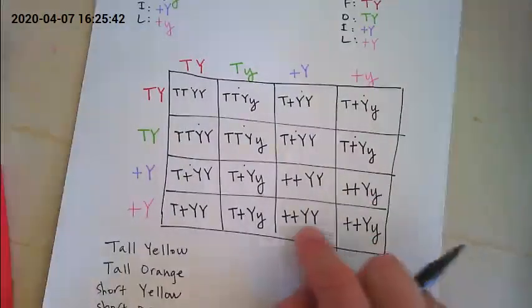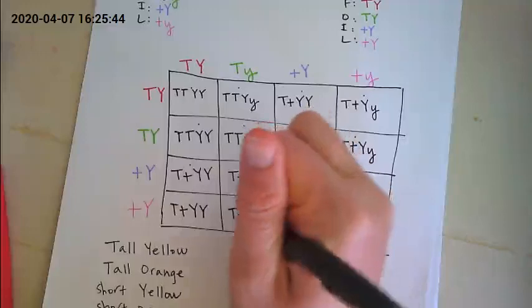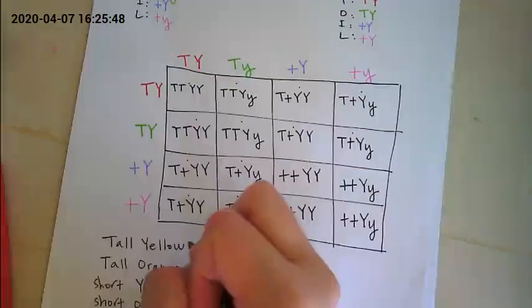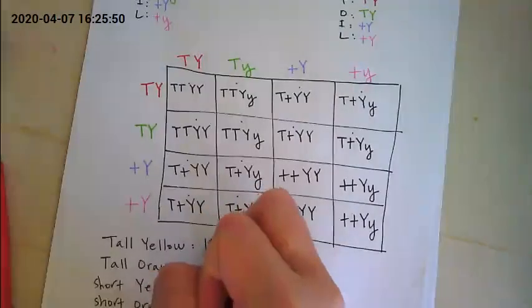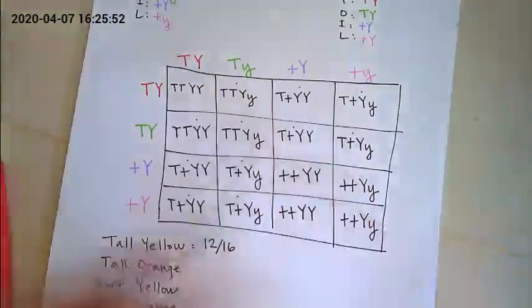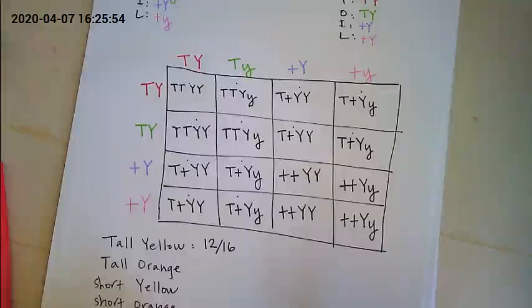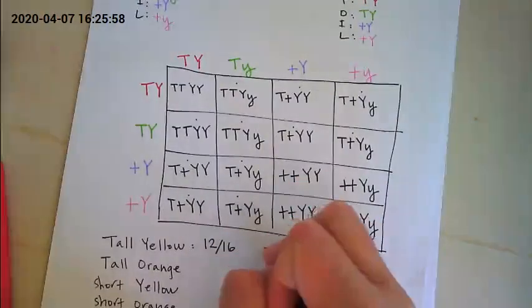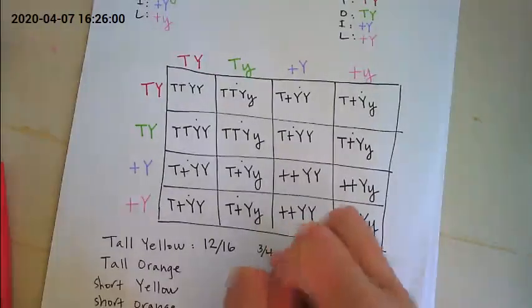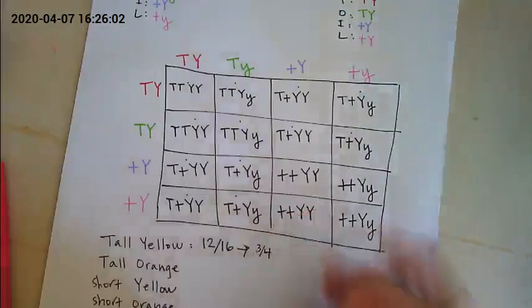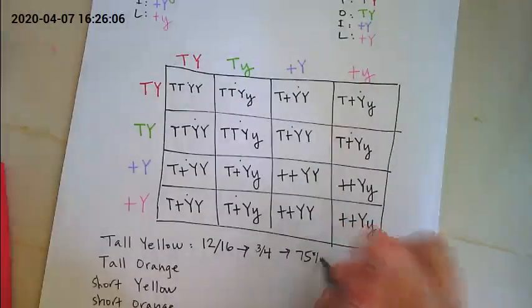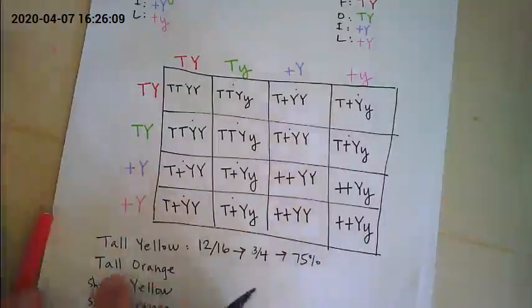No, no, no, no. All right, so we got 12 out of 16. And if you break that down, you get 3/4 or 75%.